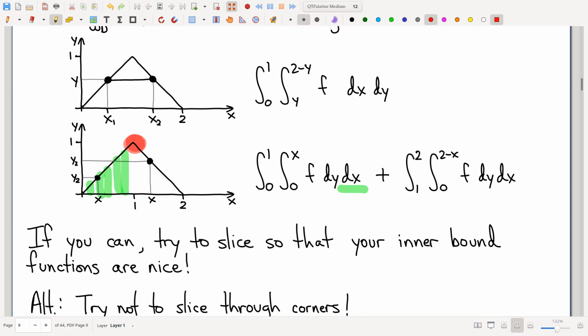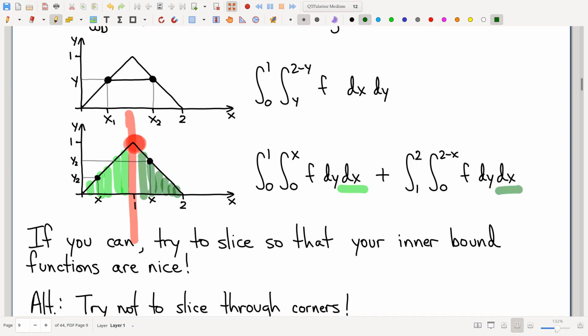Why is there a corner there? Because two curves are intersecting, and it's because the two curves are intersecting that it's possible for our upper bound curve to jump from one equation to the other. So it's because we slice through a corner that my x bounds have the ability to jump over to the other curve. So, nice simple lesson: try not to slice through corners.